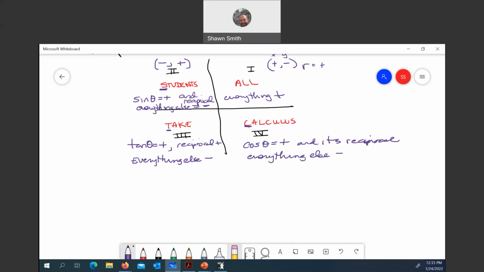So all students take calculus. But I like to think of it as sines and cosines. Sines is everything either on the top two or the bottom. Positive is up there. For cosines, I'm going to place a positive on the right. Right.